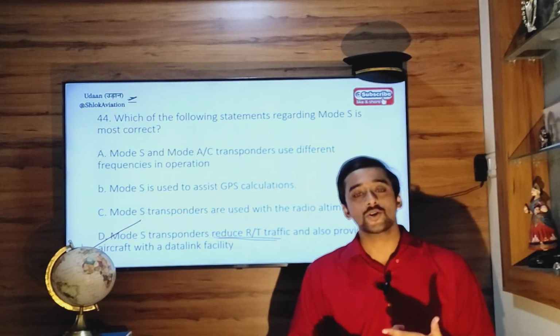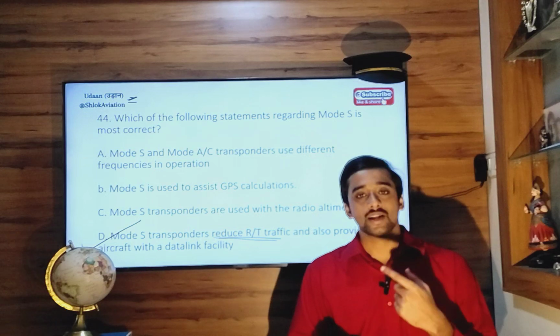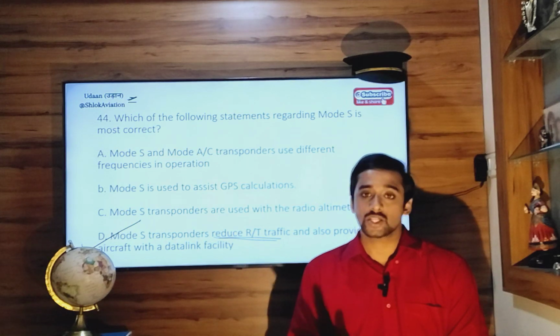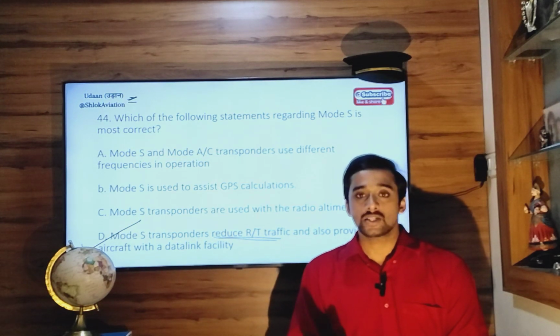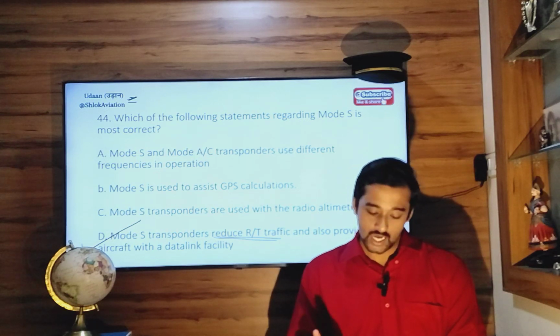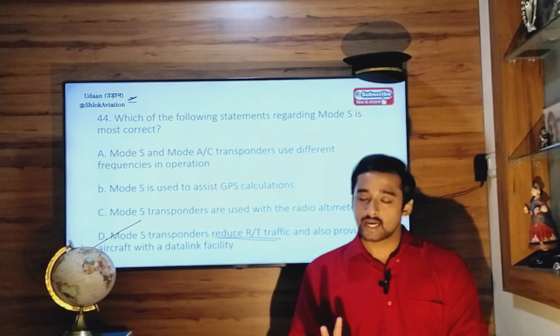So the pilot won't have to talk on radio telephony and report all information to the ATC controller. It will reduce pilot workload, air traffic controller workload, and decrease radio telephony traffic. Also, it provides a data link capability.